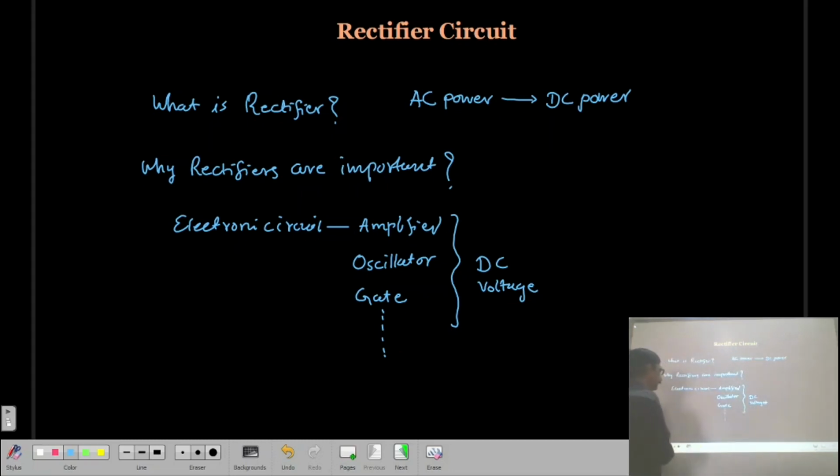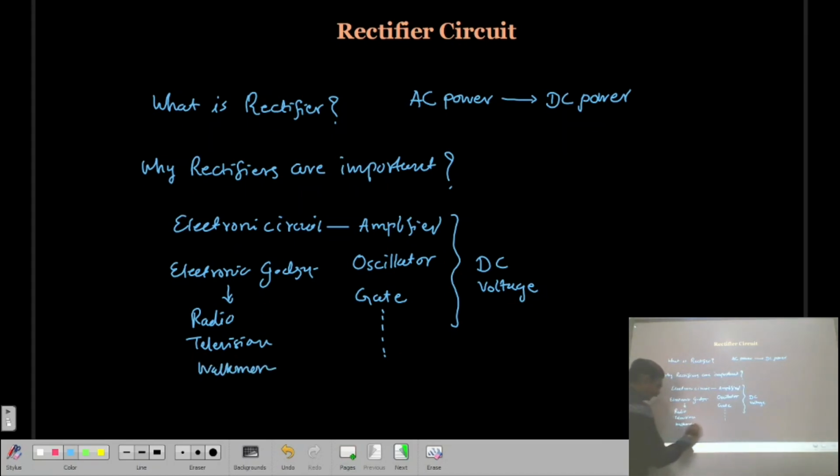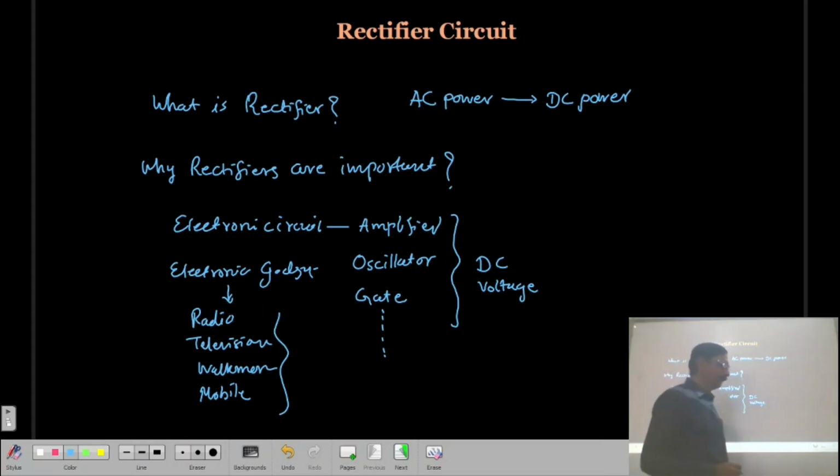So the second thing is that for electronic gadgets like radio, television, Walkman or mobile, you take any electronic gadget, we require a battery.